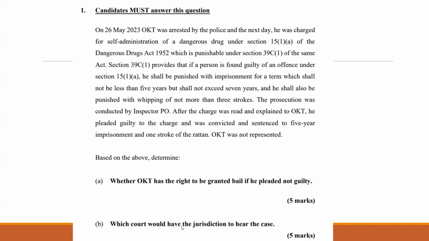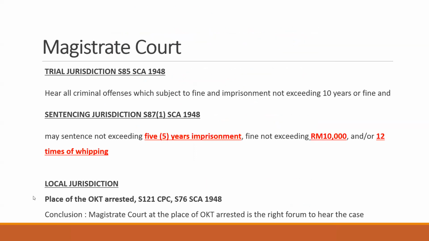Okay, we will look at question B straight away. Which court will have the jurisdiction to hear the case? Okay, so if you rely on the trial jurisdiction pursuant to your section 85 of your SCA, you'll know that actually the magistrate court will have jurisdiction to hear this matter.